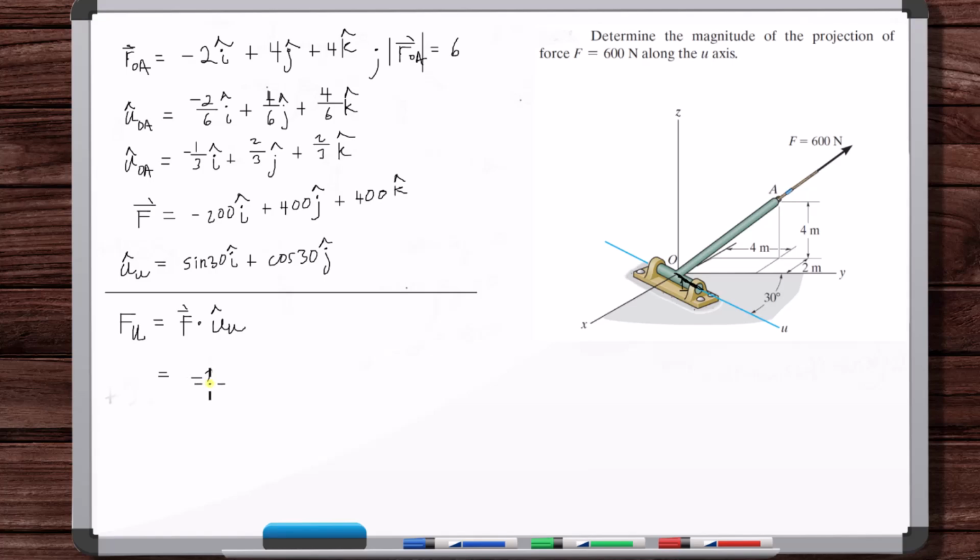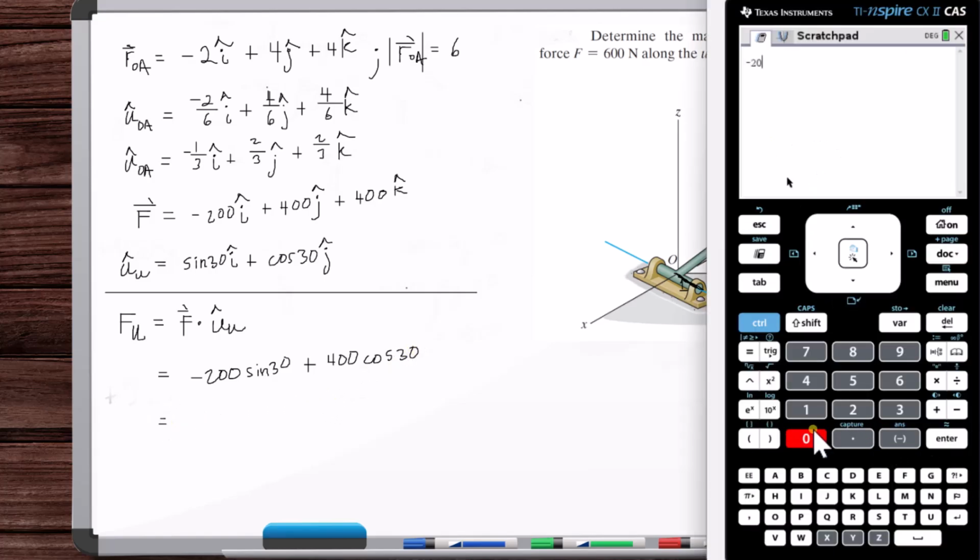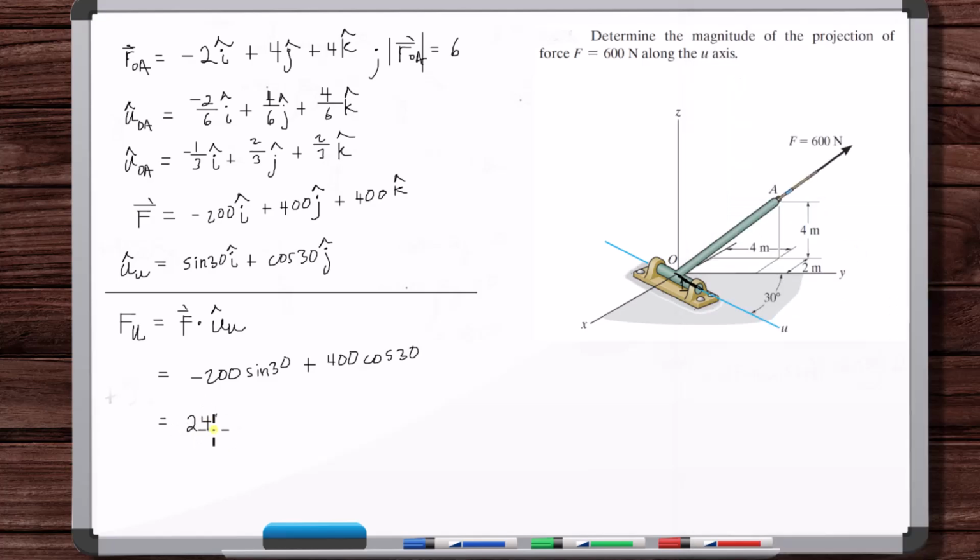That's minus 200 times sine of 30 plus 400 times cosine of 30, which is 246.4 newtons. That's F_u.